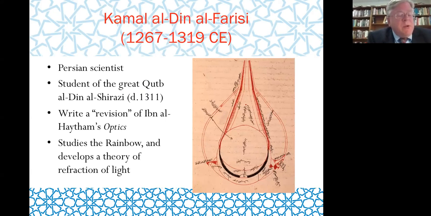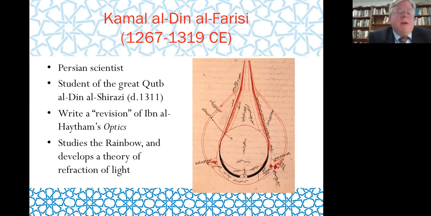Al-Farisi was actually a student of one of the greatest Muslim astronomers, Qutb-ud-Din al-Shirazi, who died in 1311. Now, al-Shirazi was part of the tradition of astronomers that I was just talking about, who followed Ibn al-Haytham's suggestions about how Ptolemaic astronomy should be improved.